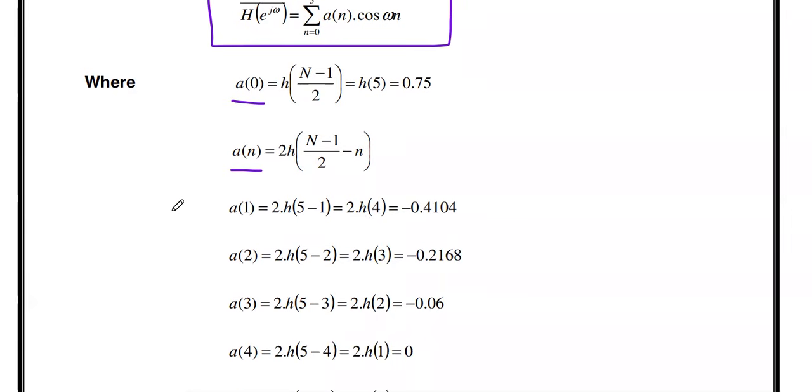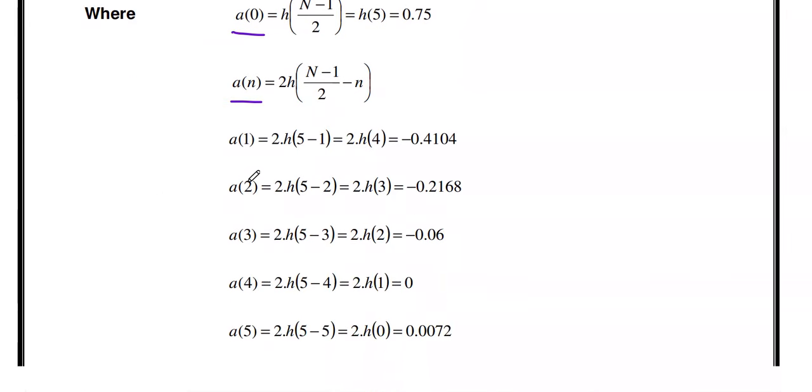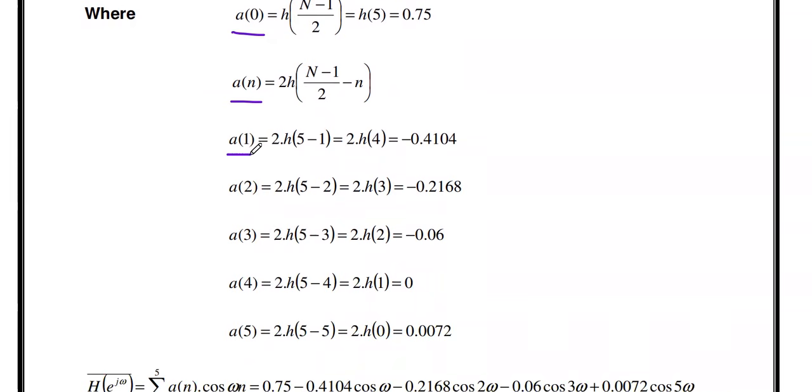First you put n equal to 1 and calculate a of 1. So a of 1 is equal to 2 into h of 5 minus 1, that is 2 into h of 4, so we get minus 0.4104. Similarly, a of 2 is calculated as minus 0.2168, and then a of 3, a of 4 and a of 5.